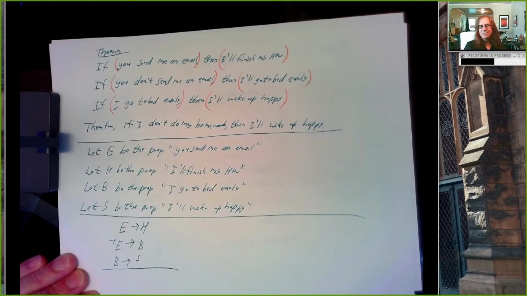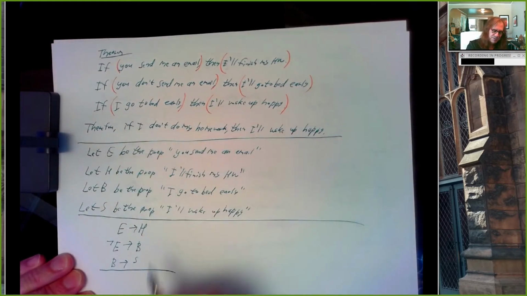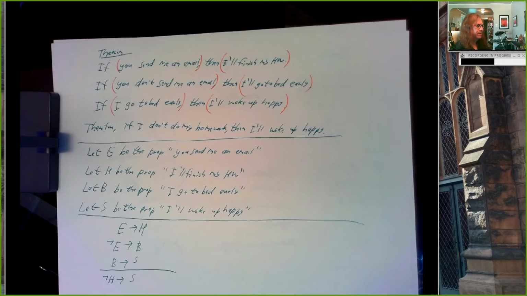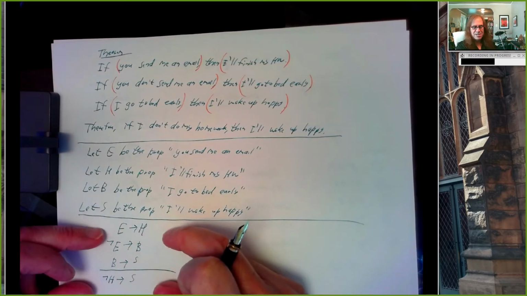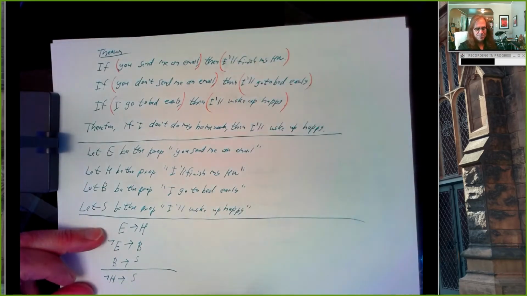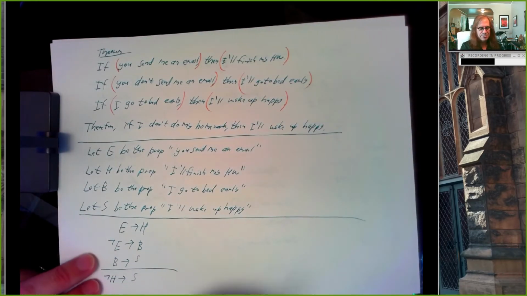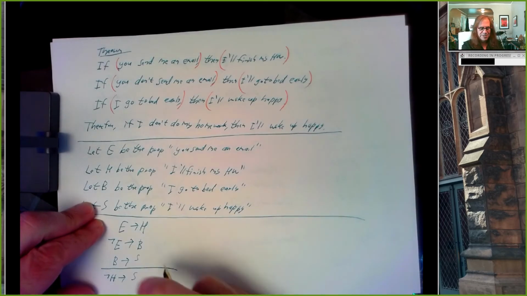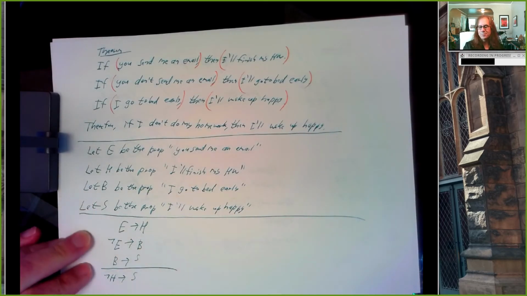And what we claim follows from that is if I don't do my homework, then I'll wake up happy. And so this is a statement of this theorem. And in order to prove this theorem, we need to prove that given these three statements, this fourth statement follows.